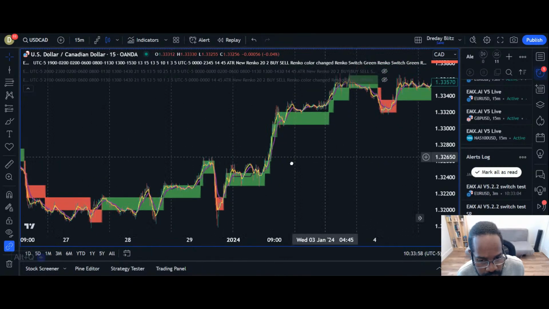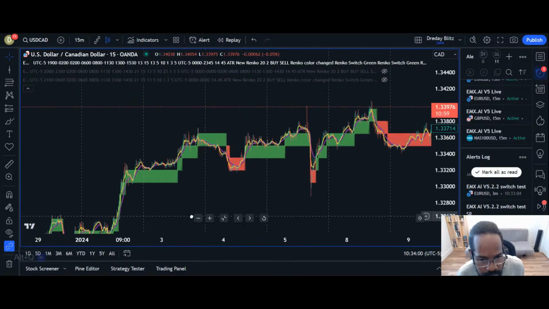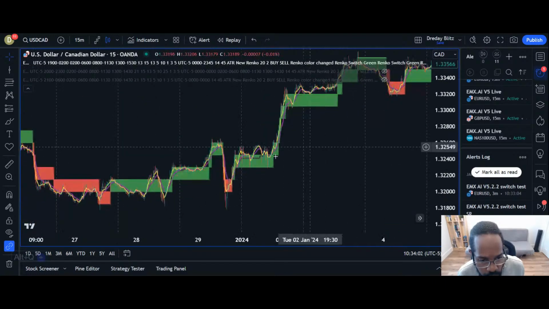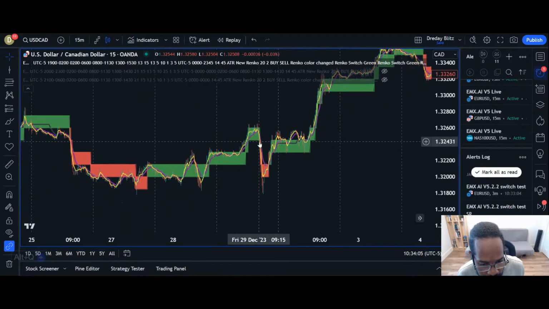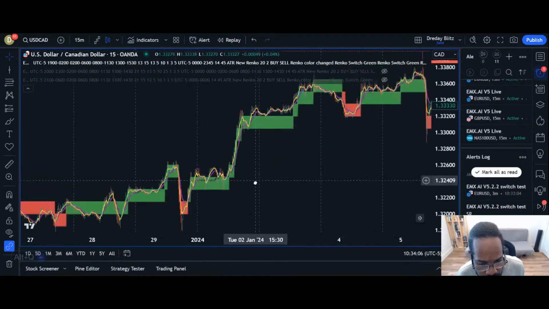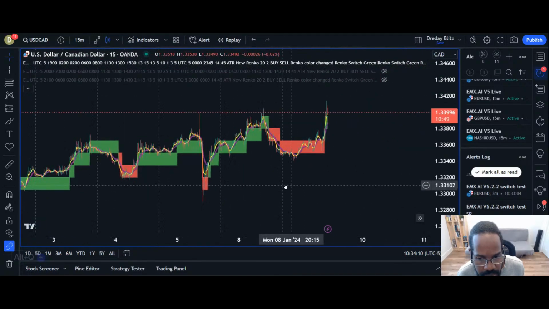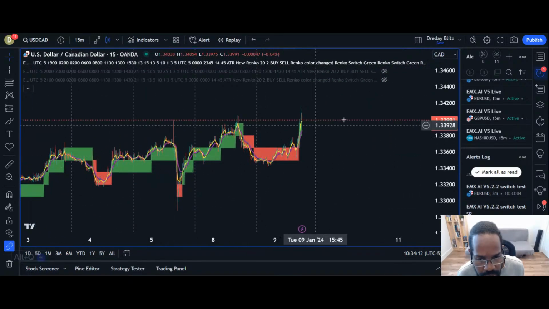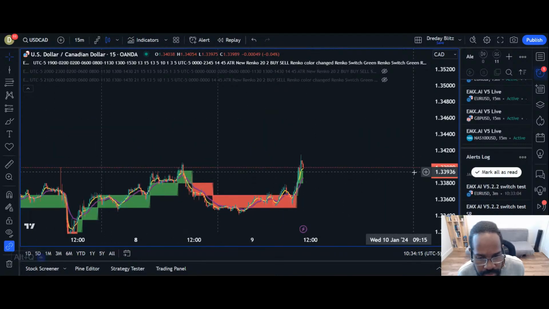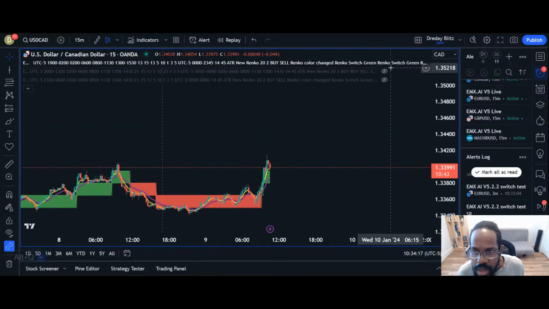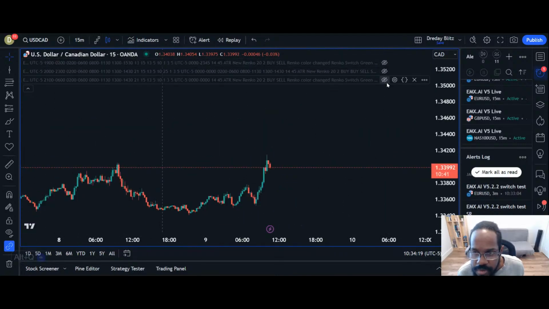Okay, so if it's bullish, if I'm expecting to go bullish, this is the only thing that I would look for, a bullish movement. Okay, and I'll give you a sneak peek of the new indicator.